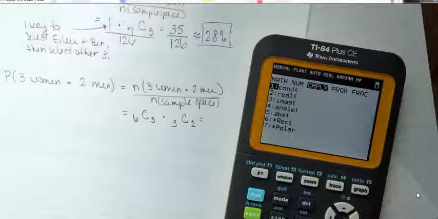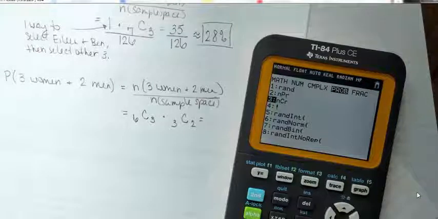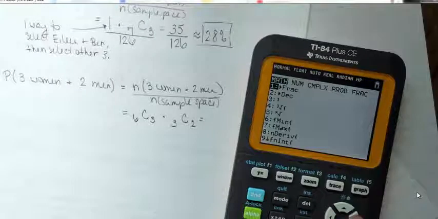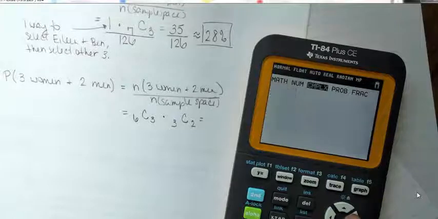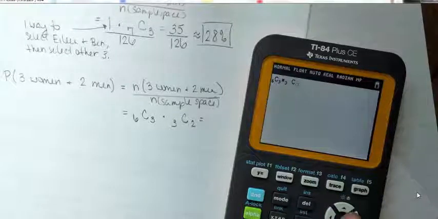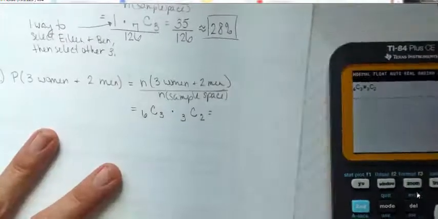Got to be able to do your calculator, though. Okay, so I'm going to do 6C3, and then multiply that by 3C2. Some of you guys, if you have that older calculator, you're going to have to do it a little bit differently. You have to put in the number in the set first. Then I get 60.